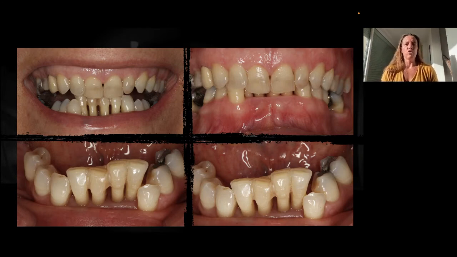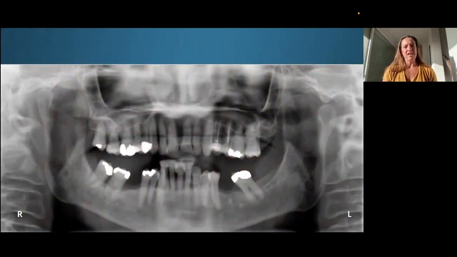So here the treatment plan was actually to extract them, and on the same day, as you can see, to place implants. Now when we go for the implant placement, we have to again choose where we are going to place the implants.